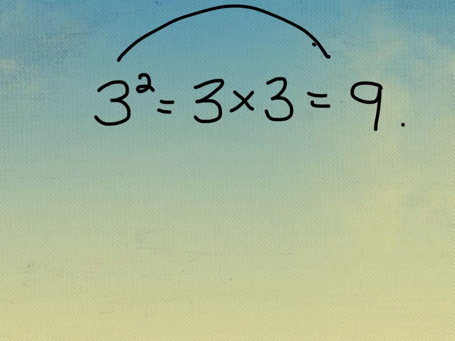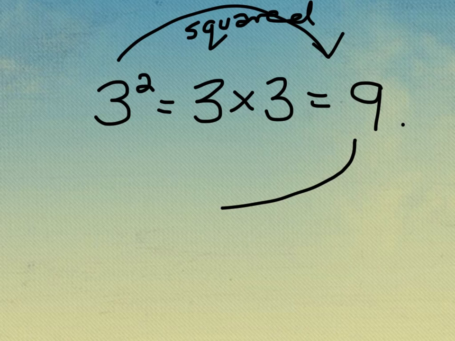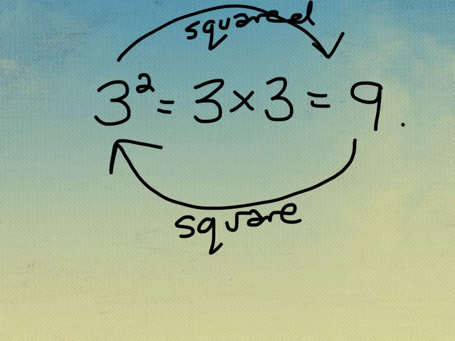So 3 squared equals 9. And in the opposite direction, the square root of 9 is equal to 3.